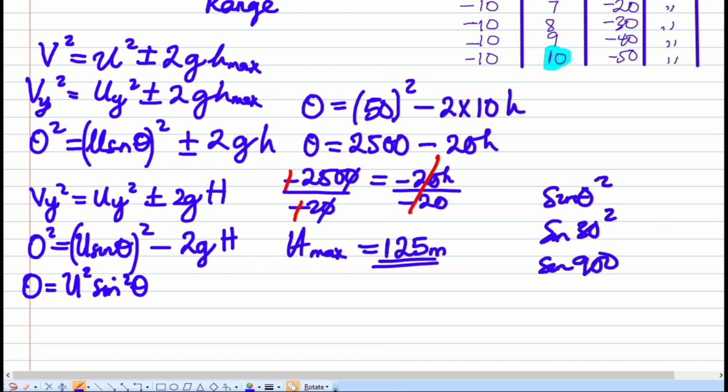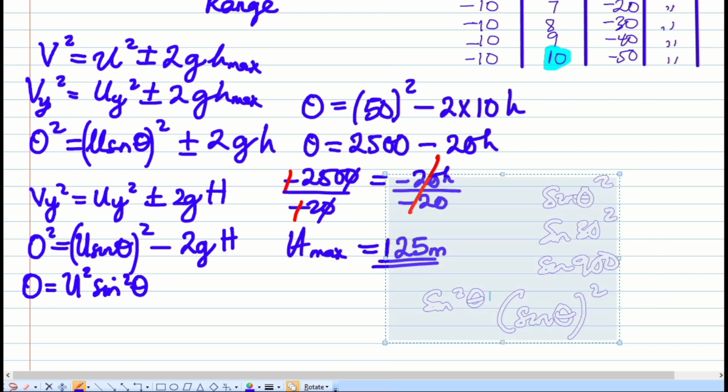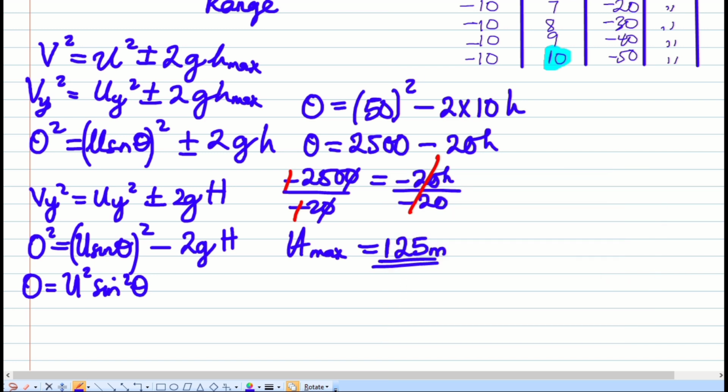You now have sine 900, which is wrong. So that's why we like to write it like this, sine squared theta. So you can remember that it is not the angle that is being squared, it's actually the sine of the angle. So everything squared. So we put it on sine just to help us to be safe and remember. So that's the reason for that.